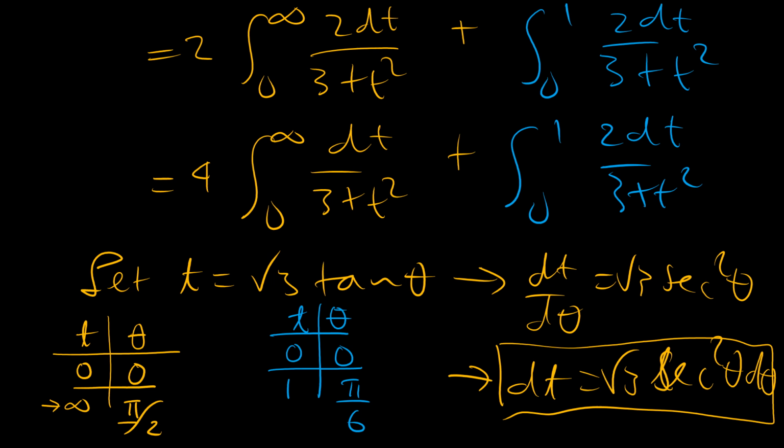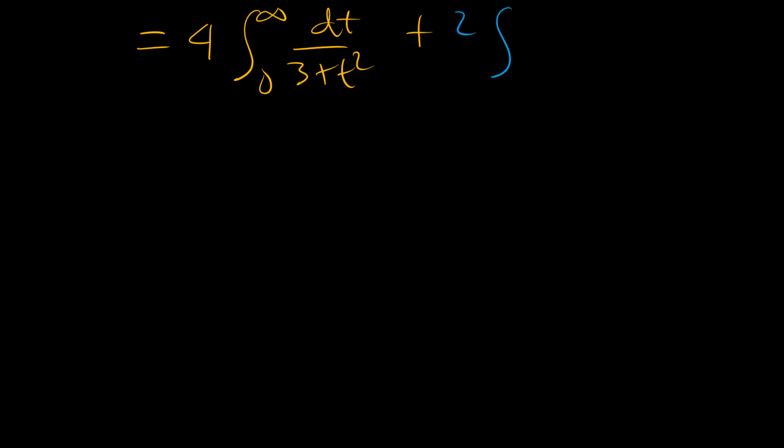Okay, so we have 4 times the integral from 0 to infinity of dt over 3 plus t squared, plus twice the integral from 0 to 1 of dt over 3 plus t squared.